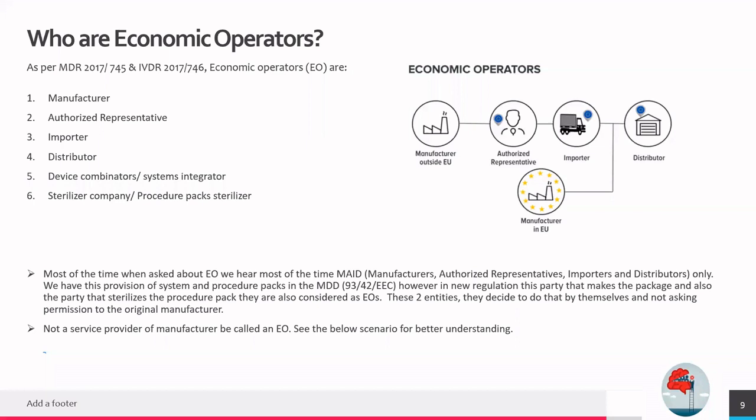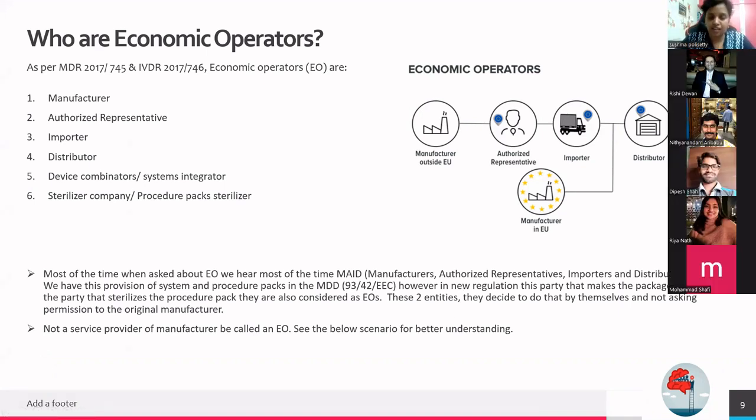So the sterilizer as well as the device combinator are the other two newly added parties which are called economic operators as per MDR. Most of the time when asked about economic operators, we hear about these MAID parties.